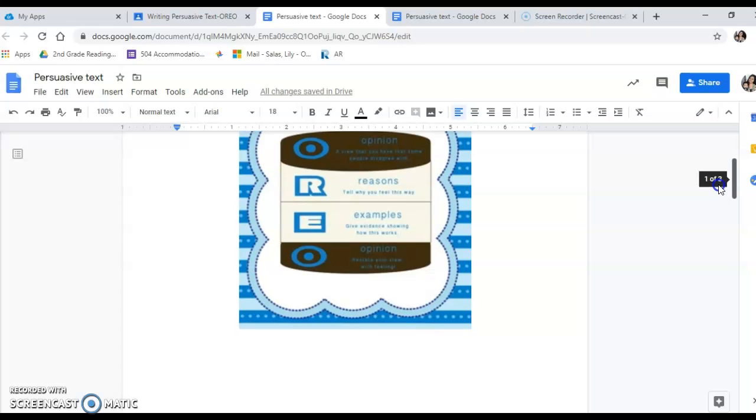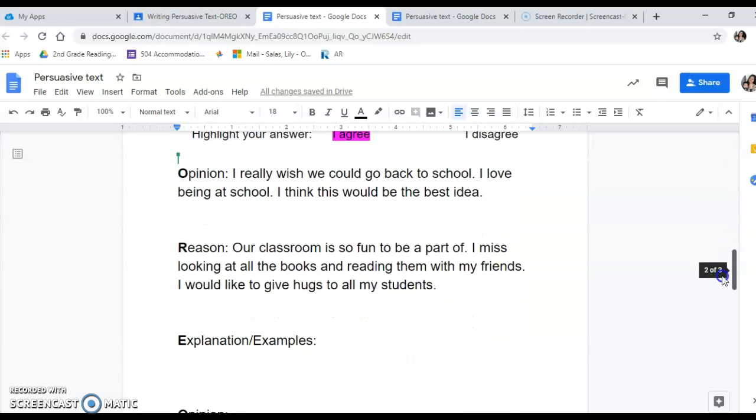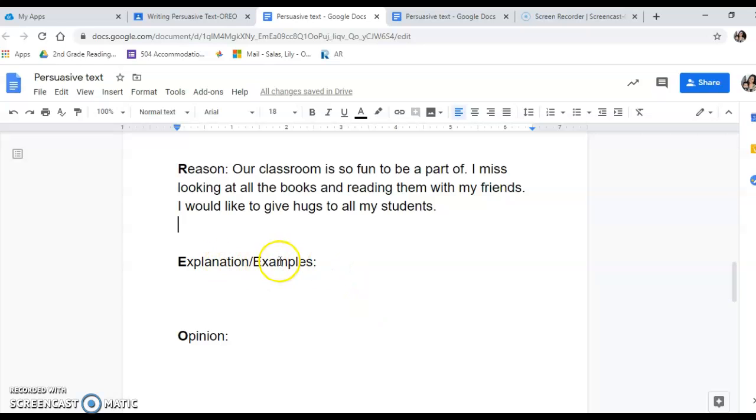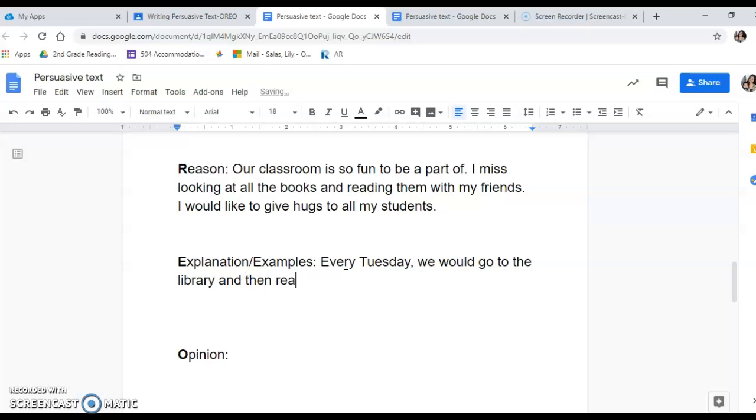Now, examples give evidence showing how this works. So when you're writing your explanation or your examples, you're feeding off of your reasons, right? You're feeding off of what you previously wrote, which is your reasons and your opinions. So let's say, for example, okay? So let's see, I miss looking at all the books and reading them with my friends. Every Tuesday, we would go to the library and then read our new books in our classroom, right?